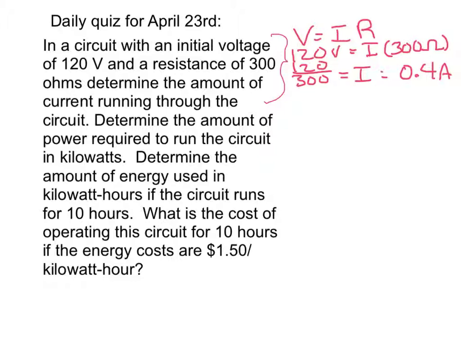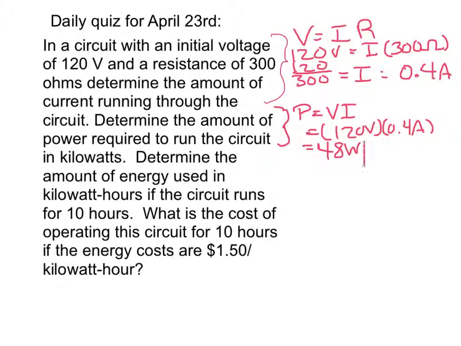Next, we have to determine the power. In this portion, we're going to use the power equation: P for power equals our voltage times our current. So that's 120 volts times 0.4 amps, and 120 times 0.4 is 48 watts.